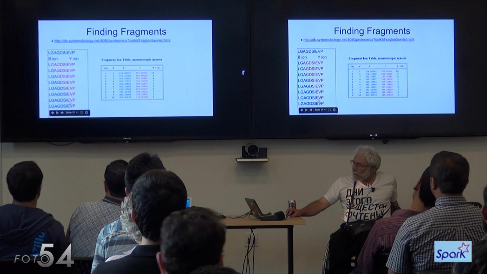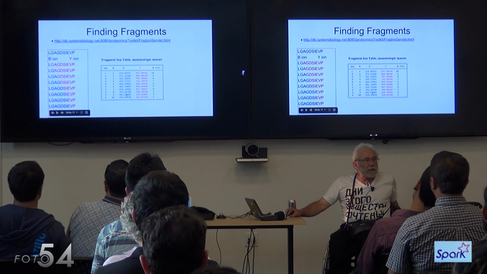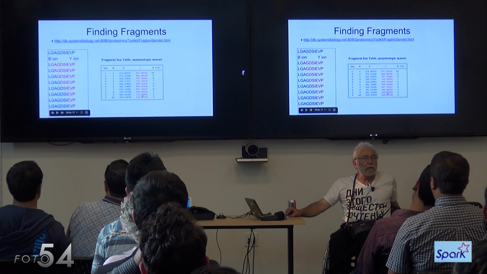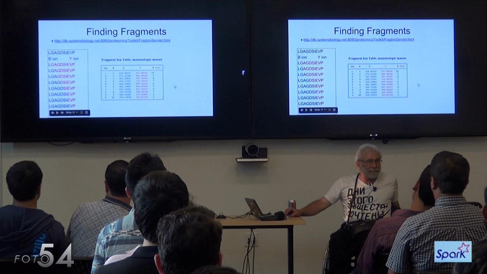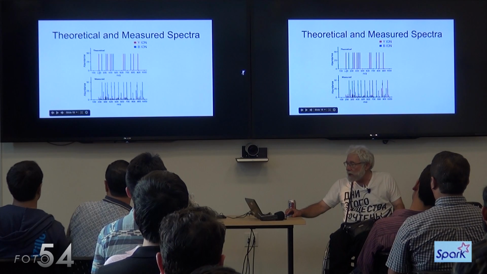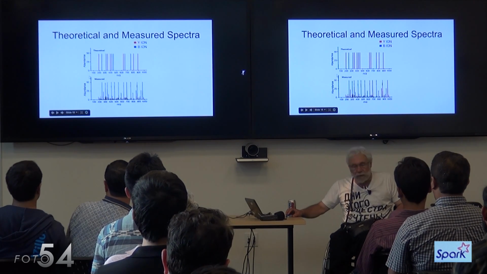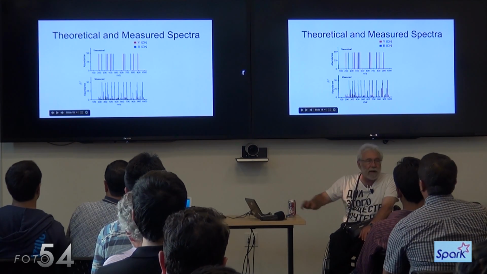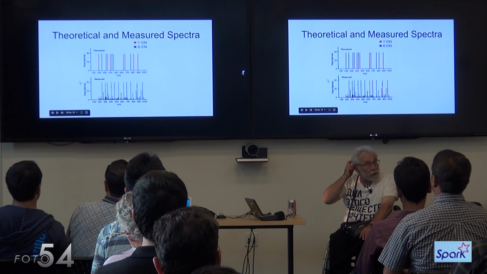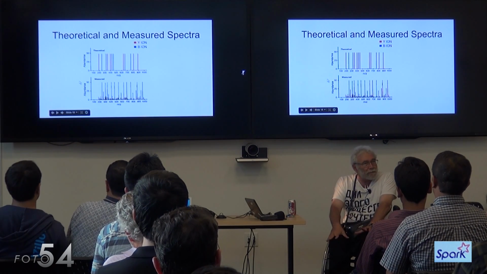And there will be 20 of these for each possible bond, and you can compute all of their masses. Given that, you can say, if I had the peptide shown in the previous slide, I would expect a spectrum which looks like the upper colored spectrum.